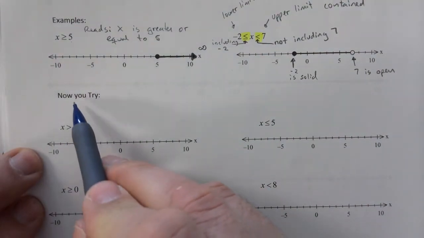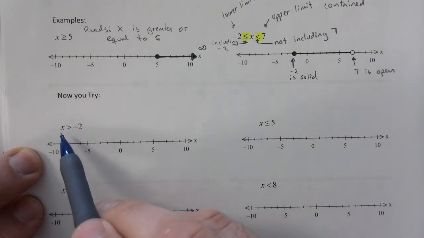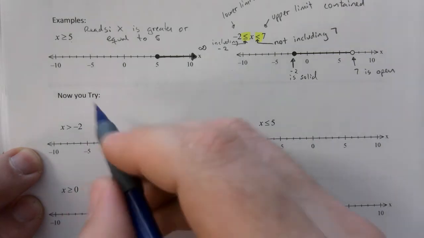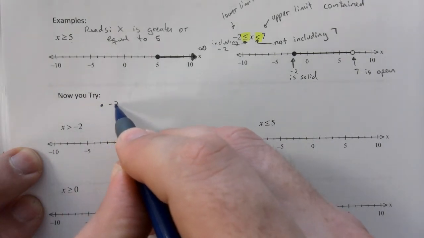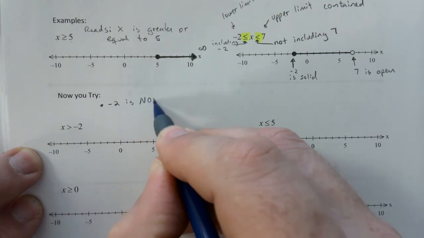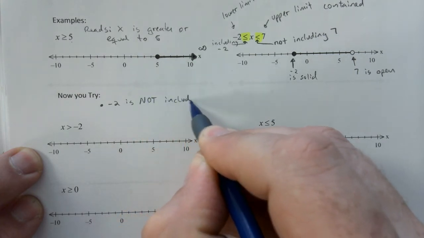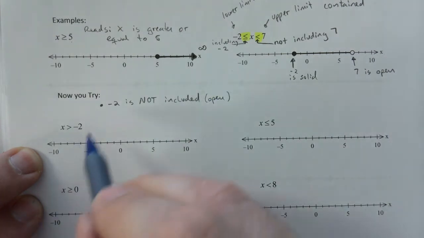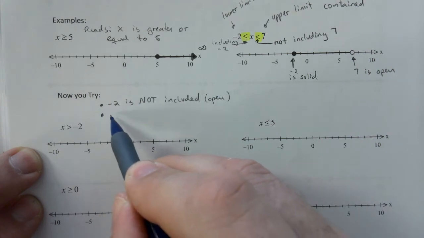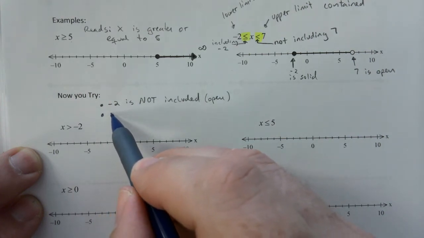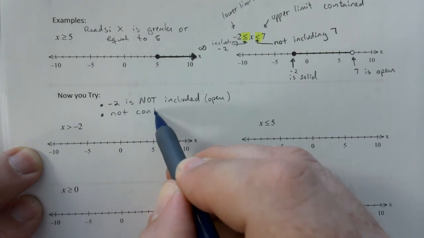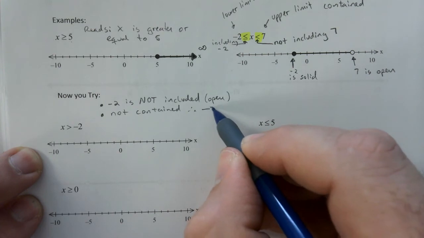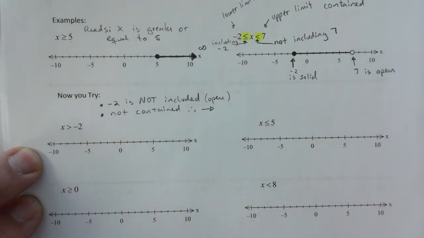So here, I will keep doing a couple. If it says x is greater than -2, we make some observations. -2 is not included, so it'll be open. Not contained. Therefore, we're going to have one of these arrowheads.